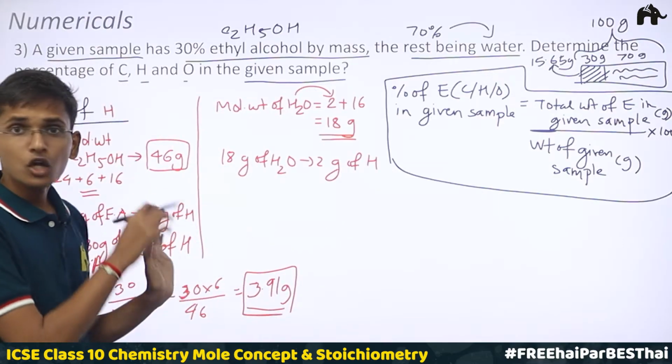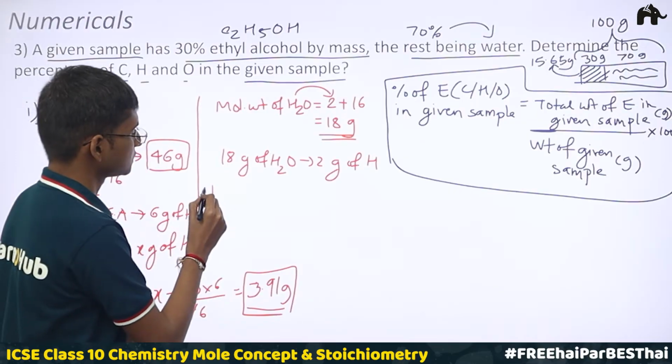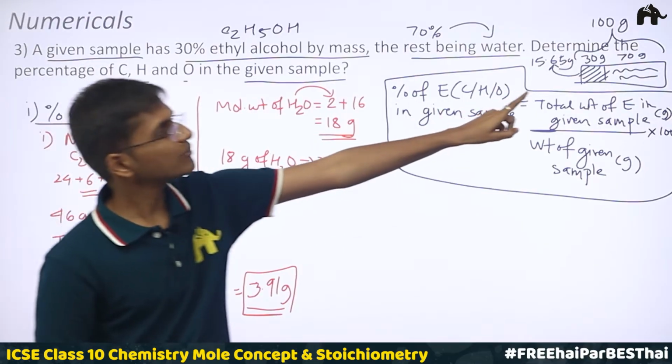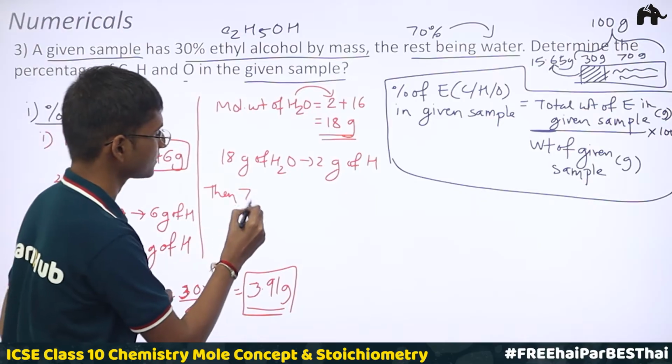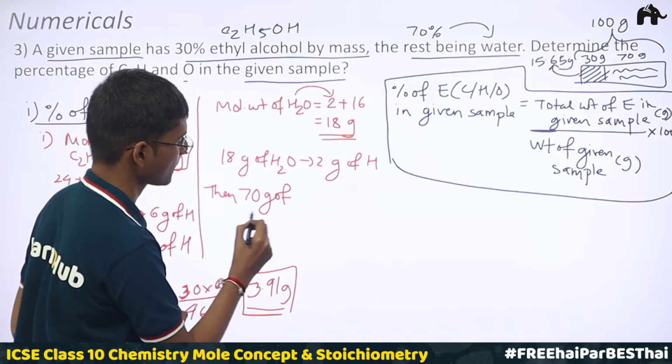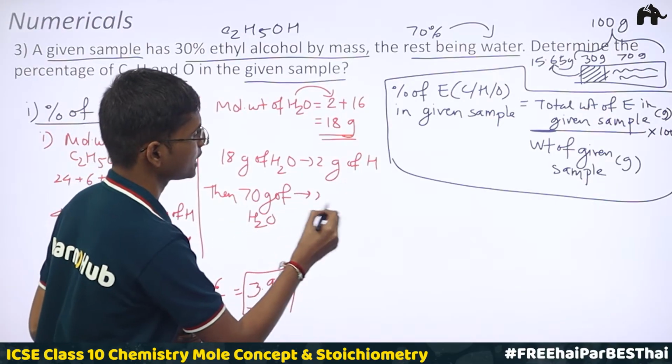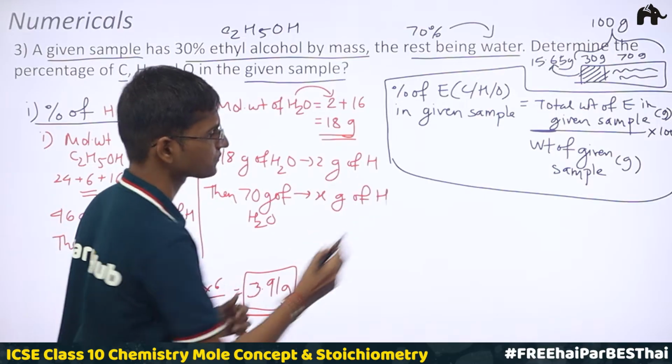Okay. So then in 70 grams of water, we have to find out in 70 grams, X grams of hydrogen would be there. Very simple.